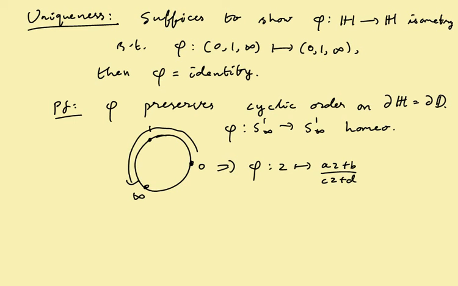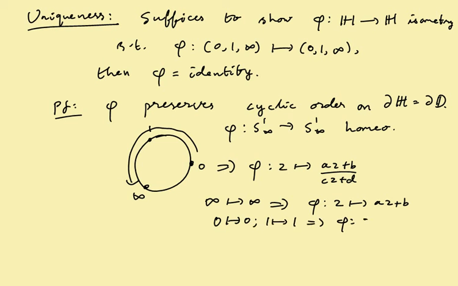And so what we deduce from this is now, infinity maps to infinity first, which implies, well, there's no denominator, phi maps z to az+b, and 0 maps to 0 and 1 maps to 1 implies that in fact phi maps z to z.